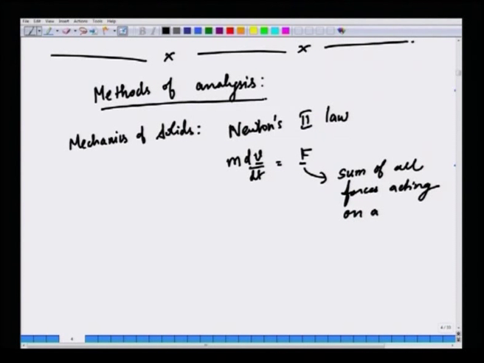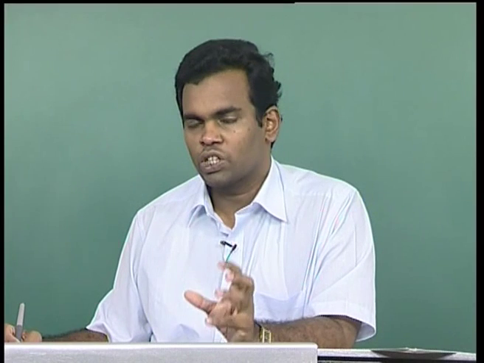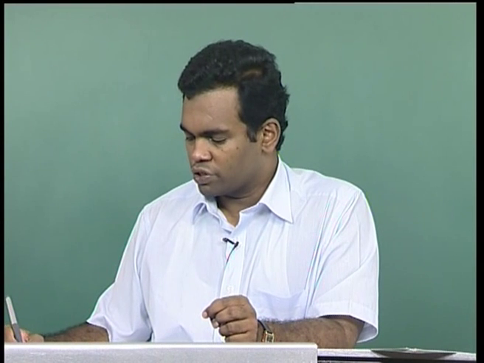A body is essentially an identifiable piece of matter in mechanics. That is, we can identify a set of points and we can always make sure that the same set of points will constitute the body, the piece of matter.